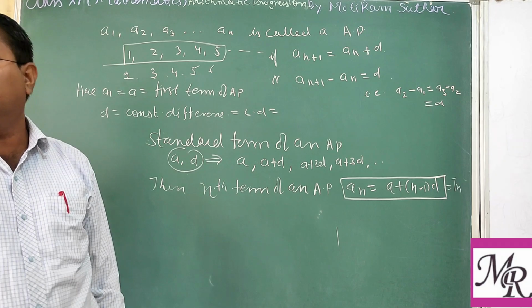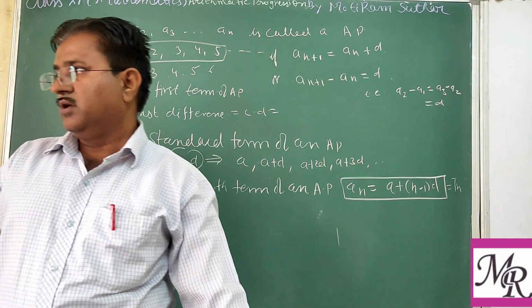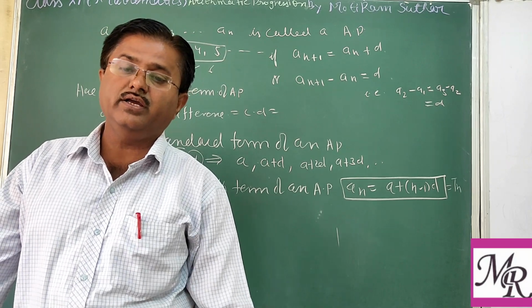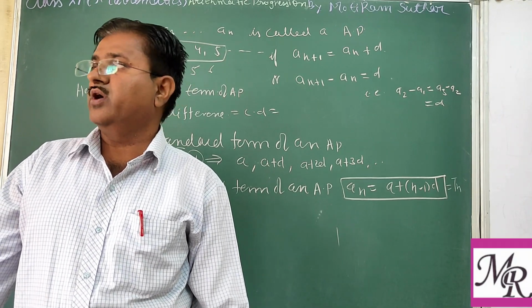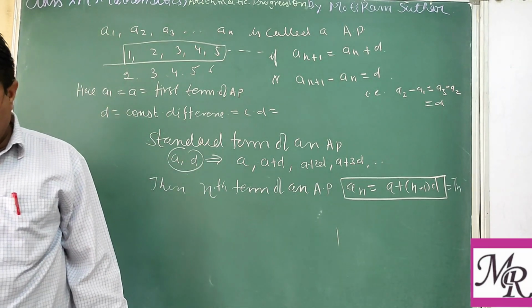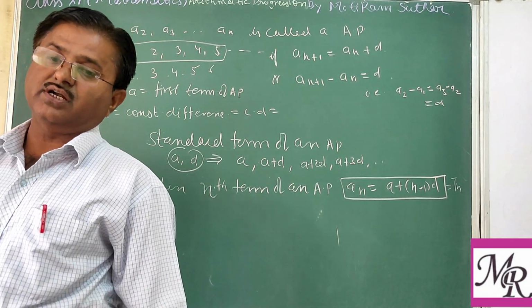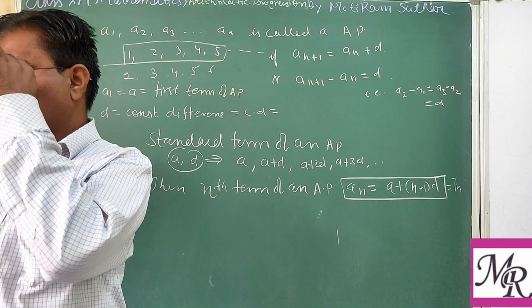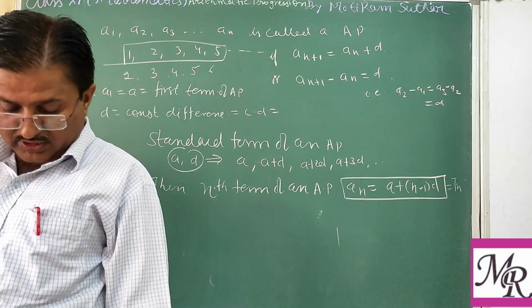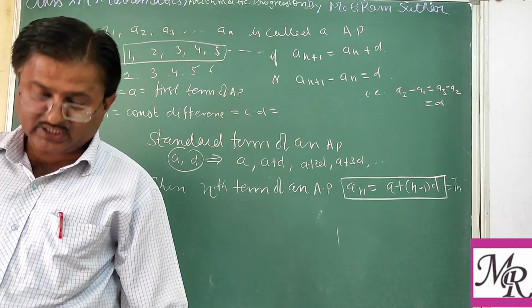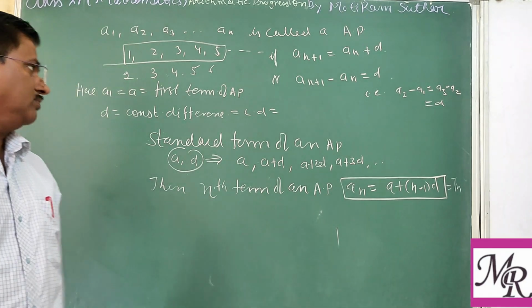If some constant is added to each term of an AP, then the resulting sequence is also an AP. Similarly, if some constant is subtracted from each term of an AP, then the resulting sequence is also an AP.